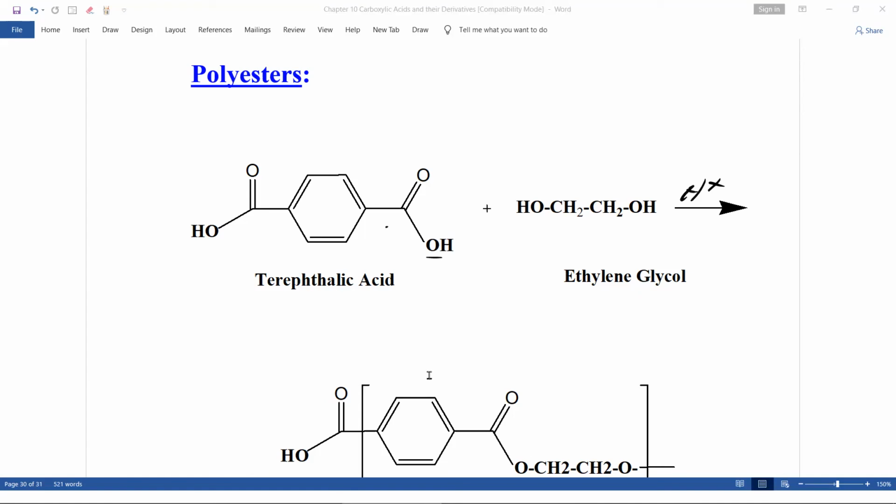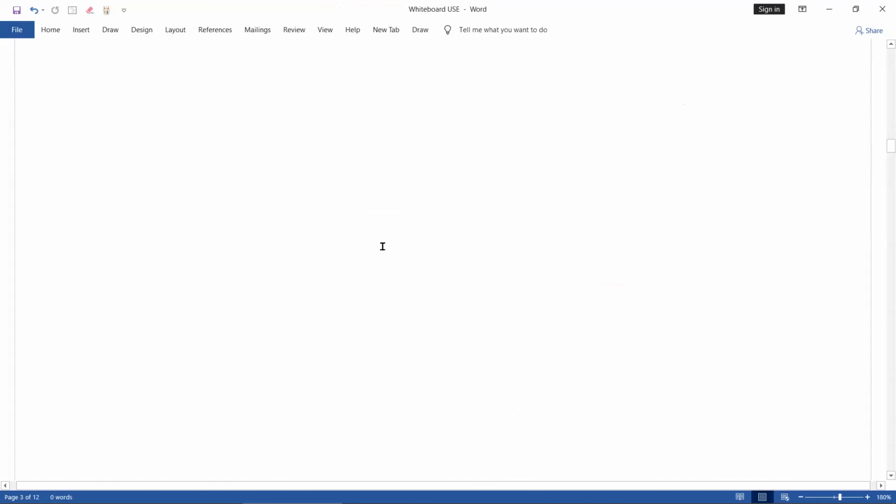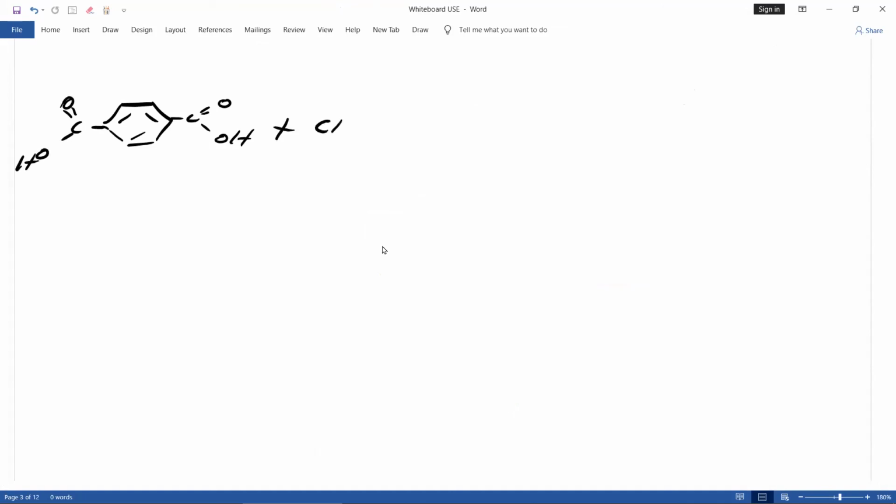So what does this mean? Well, let's look at the whiteboard. Again, don't copy this down. Terephthalic acid plus, I'll write it this way, ethylene glycol. And if we needed, we could add an acid catalyst. And what do you get? Well, let's just look at that one. I've got a carboxylic acid.